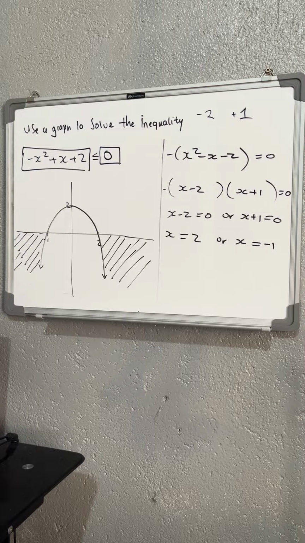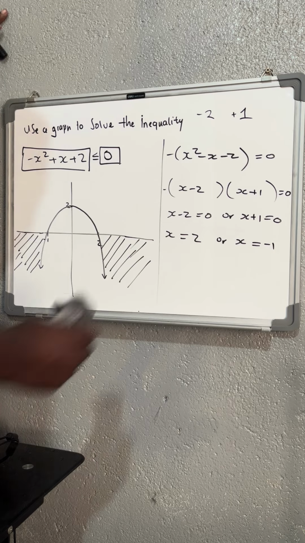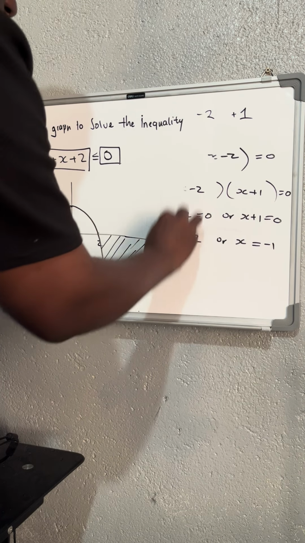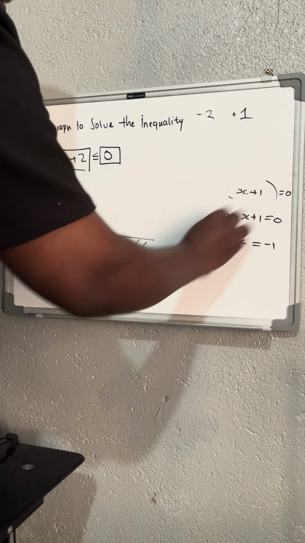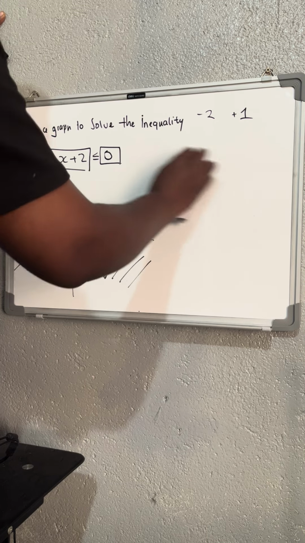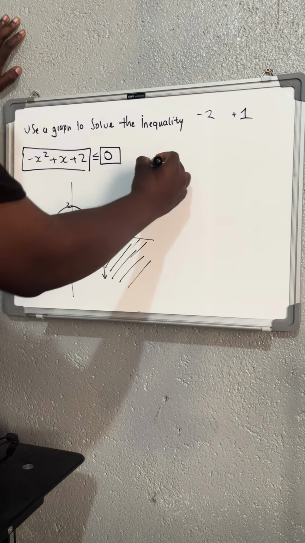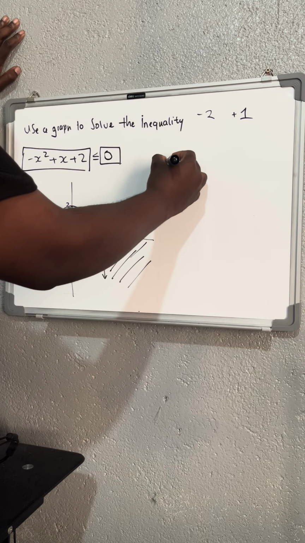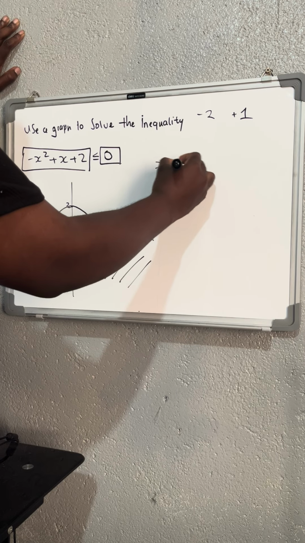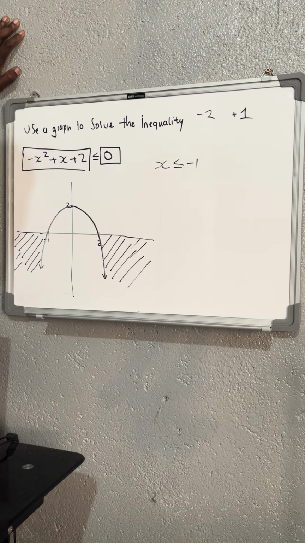So what are you going to write in your formula? Your final answer. In your final answer, you will say you have x is less than or equals to -1.